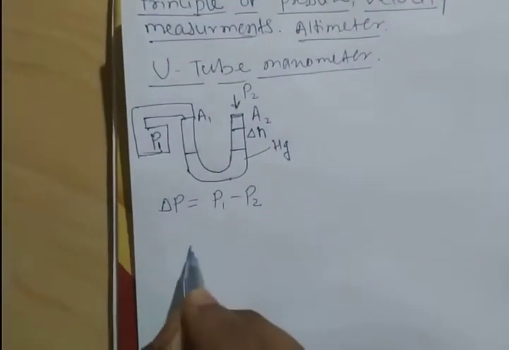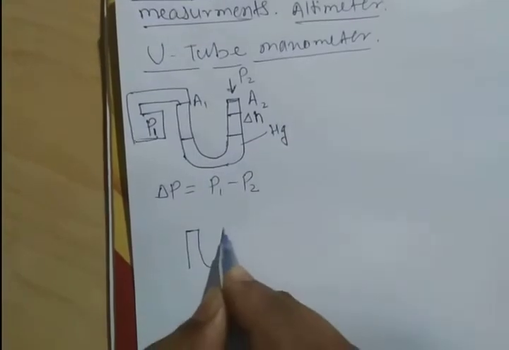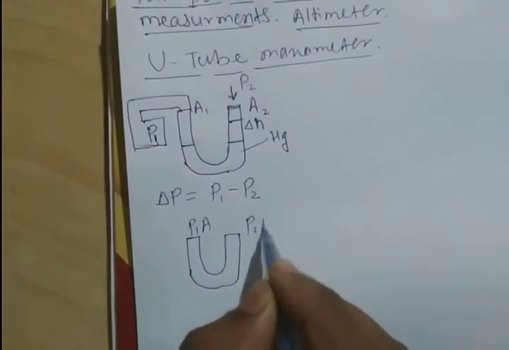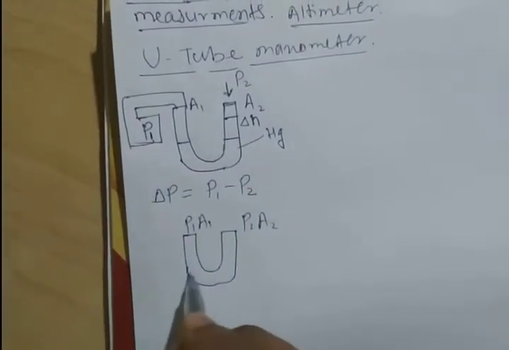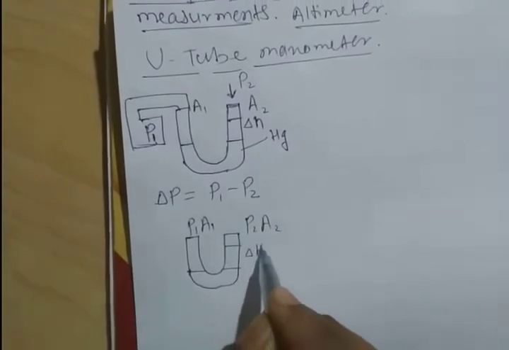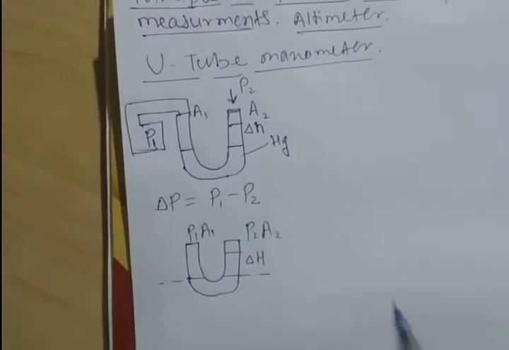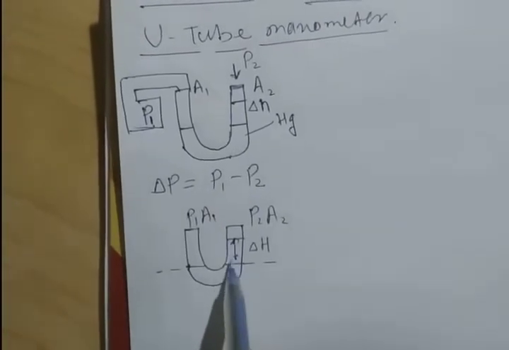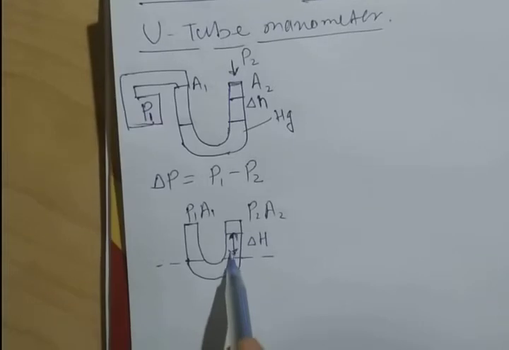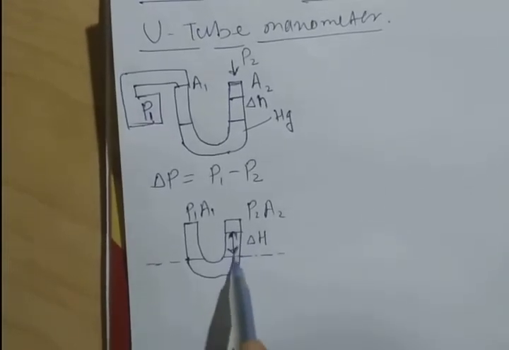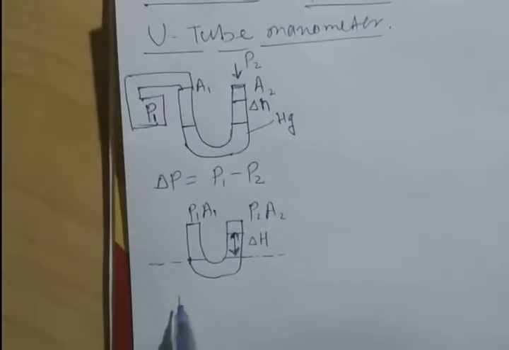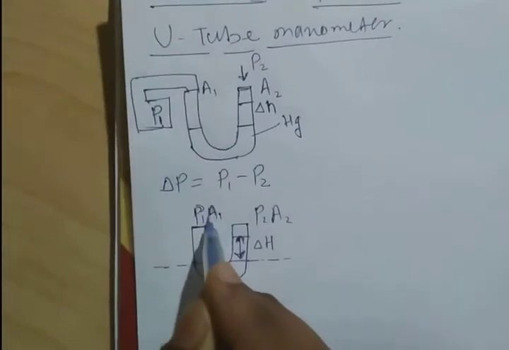Now let's draw another diagram. So now here is P1 A1, here is P2 A2, and the mercury rise is delta H, and this was the mean position, and delta H is the rise in the mercury column. So now the pressure difference will be equal to the weight of the mercury. We can calculate it by the force conservation equation.